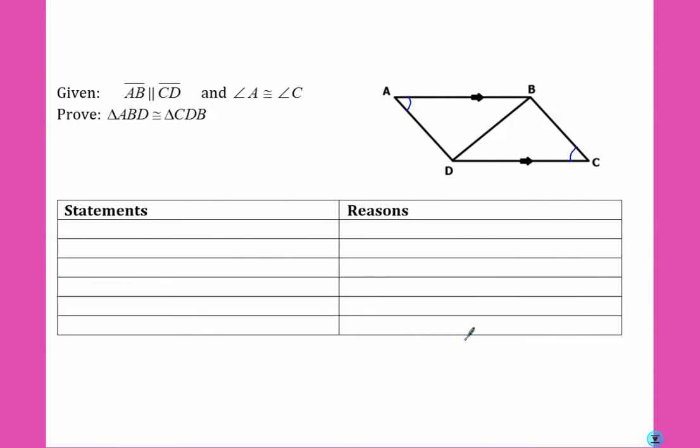Since we were given this information, we're going to write that down in our statements. AB is parallel to CD. The reason we know that is it was given. And angle A is congruent to angle C, which was also given.